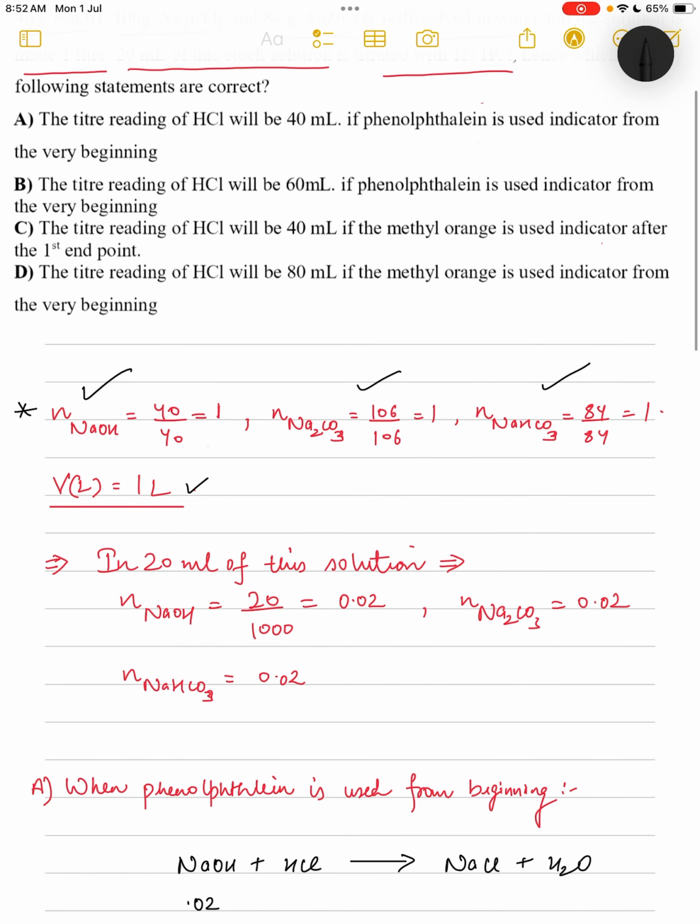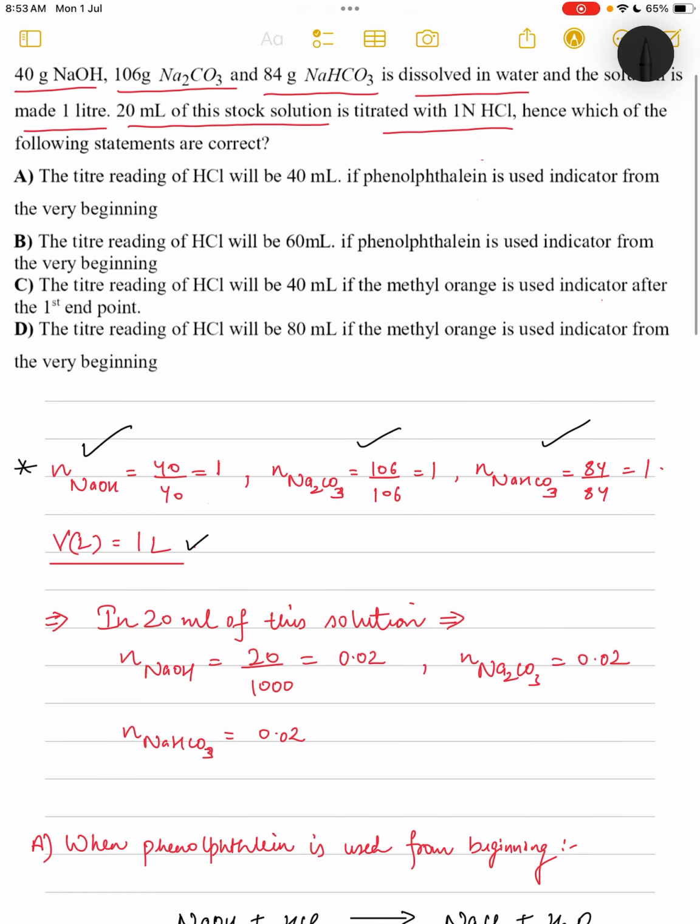So a simple point: if 1 liter contains 1 mole of NaOH, then how many moles does 20 ml contain? But keep in mind that the volume should be in the same unit, liter or ml, while comparing. So 20 ml means 20 upon 1000 liter, which is equal to 0.02 liter.